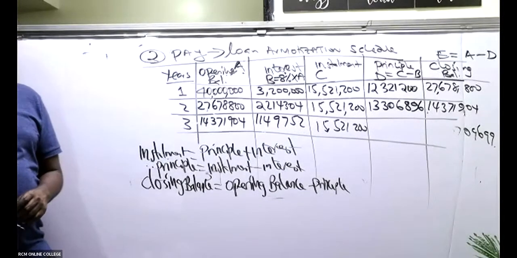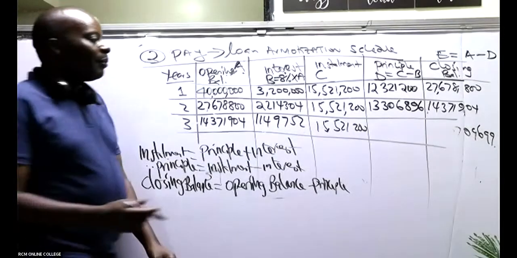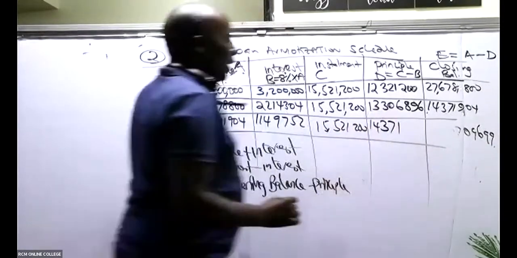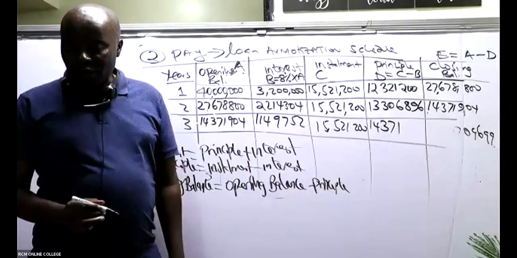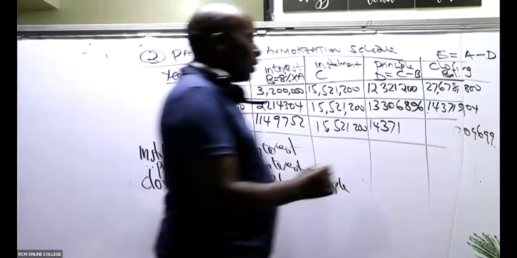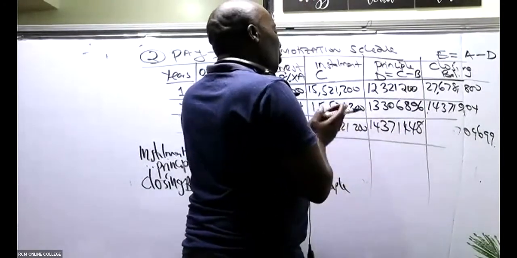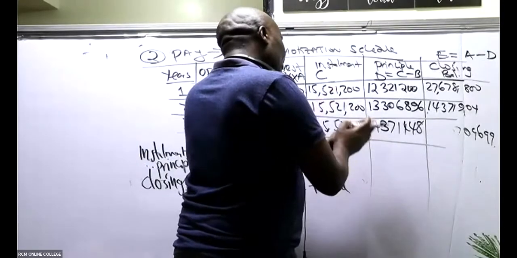So you're getting here 14,371,448. And once I get this figure, straight away I know how to get the closing balance: opening balance minus the principal.